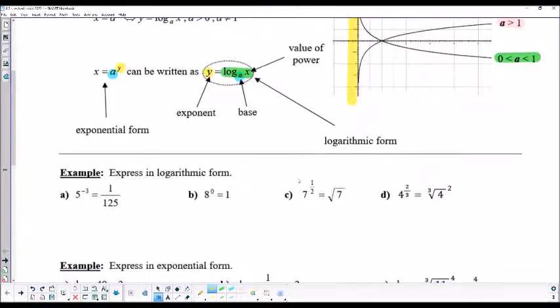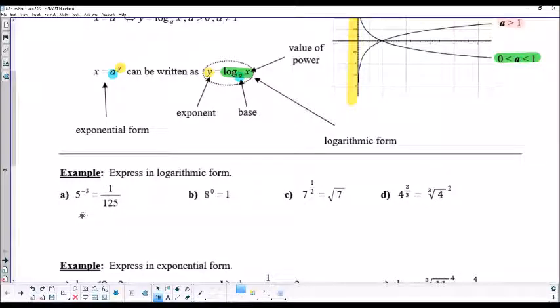All right, let's do a little bit of rewriting first. We want to express these equations in exponential form in logarithmic form. The first thing I like to do is recognize which is the base, where's the exponent, and where is the result, the value.